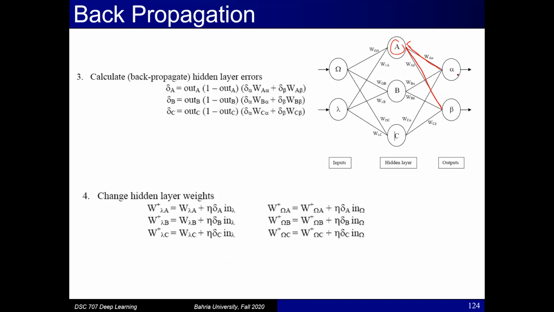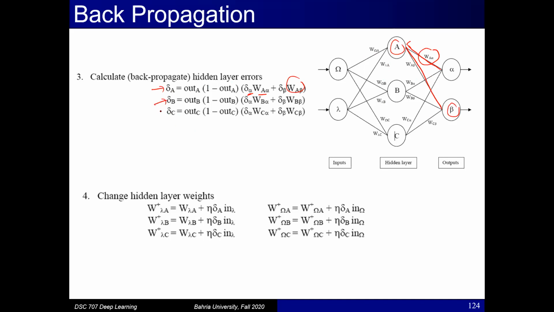So whatever error you have at alpha and beta, you back propagate it to A. And how do we back propagate it? Error at alpha into this weight, and similarly error at beta into this weight. This is the same thing we were doing previously when we were calling them B and C. Here only the notation is changed. This is how you compute error at A.